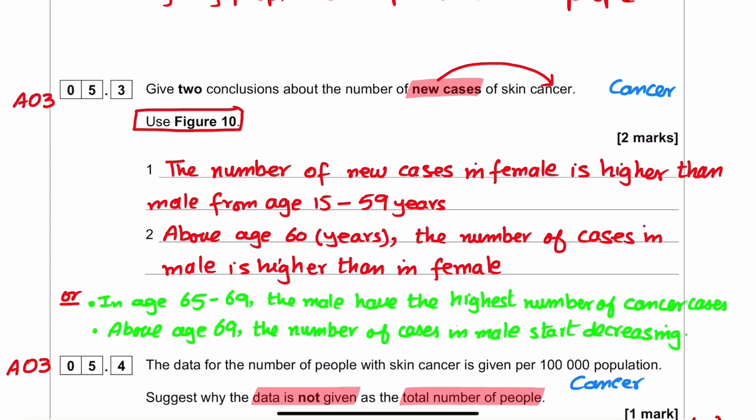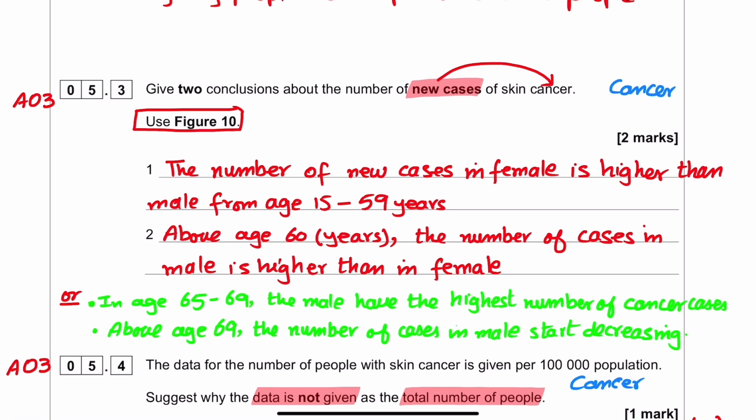The investigation is done as a sampling, and in the sample 100,000 people are selected to find the number of cases. The reason can be that it will be easy to compare the data with other countries. It will be easy to do the investigation for different sizes of groups, or for different genders, or for people of different age groups.